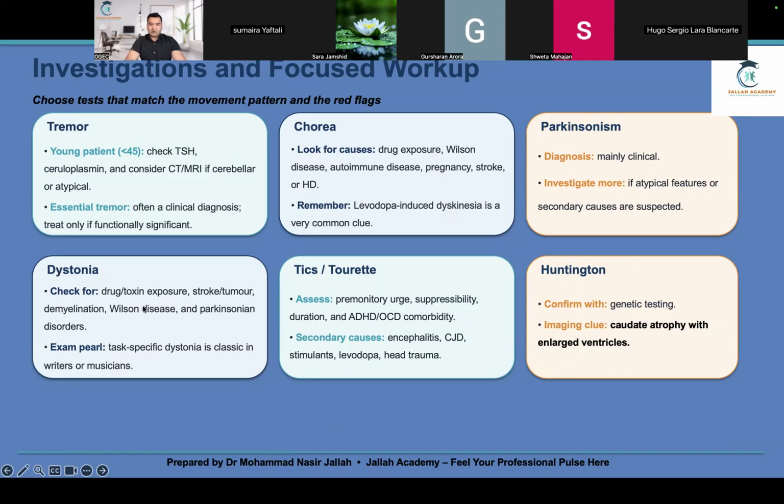Dystonia, check for drugs, toxin exposure, stroke, tumor, demyelination, Wilson disease, and Parkinson's disorder. For example, task-specific dystonia is classic in writers and musicians.